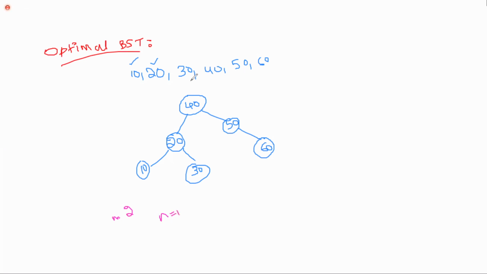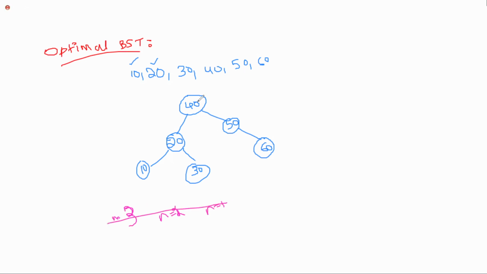For 10, n is equals to 3. This is n is equals to 2, and if I want to search 40, first itself we can do that. Next, 1, 2, at third attempt 30 we can find. 1, 2, at second attempt 50 will find. 1, 2, 3, at third attempt 60 will find, right? So whatever may be the maximum searches it needs.